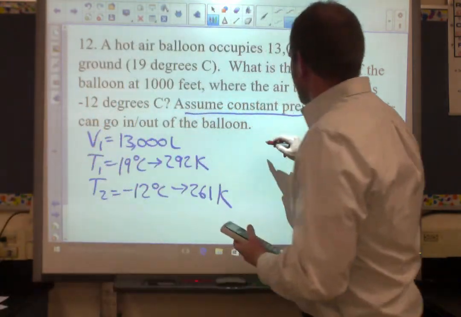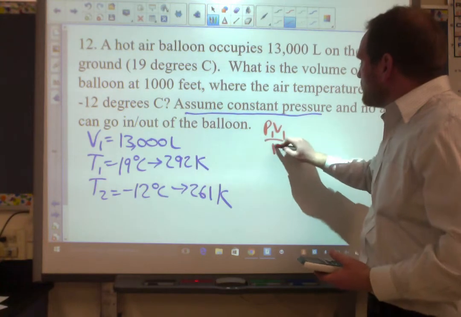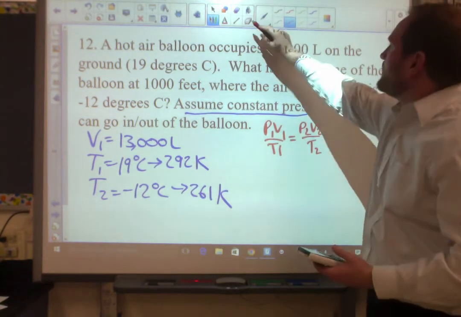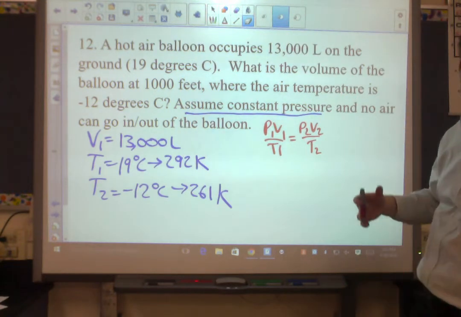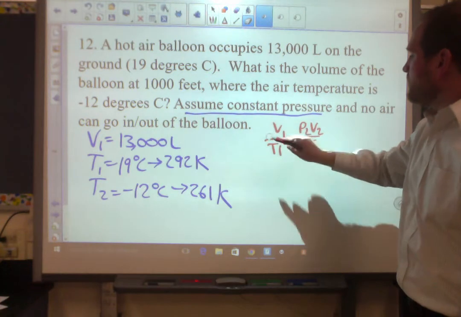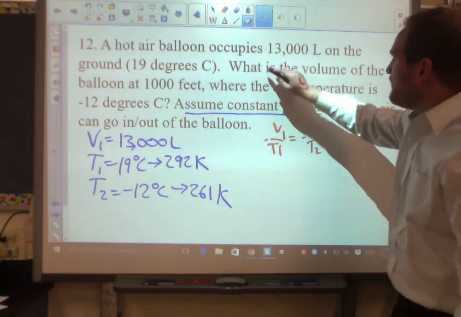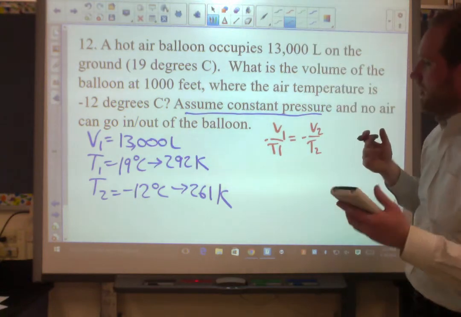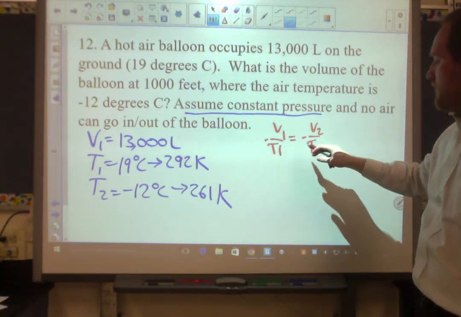So P1 V1 over T1 equals P2 V2 over T2. Notice I didn't even include N1 and N2 because moles are constant. I can also get rid of pressure because according to this problem, not in real life, pressure is constant as you rise, which of course it isn't. Pressure would drop. Let's see, we're solving for V2.